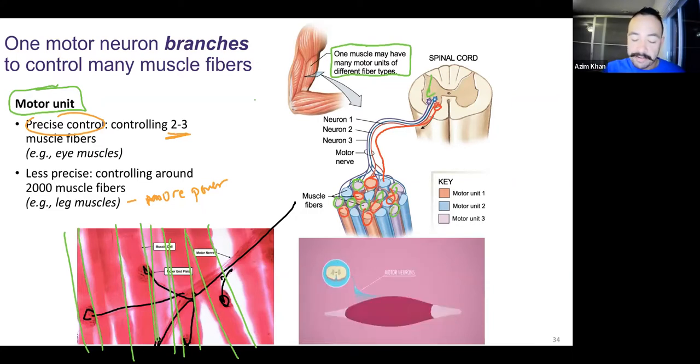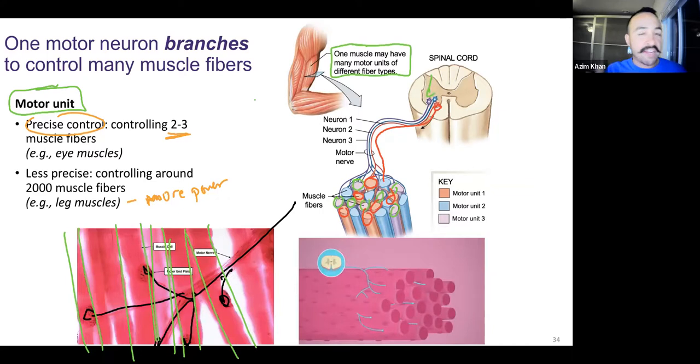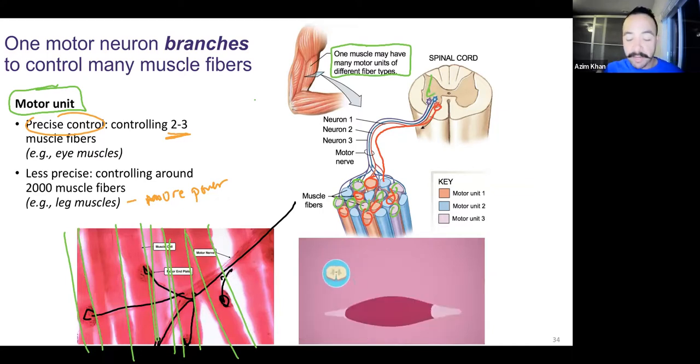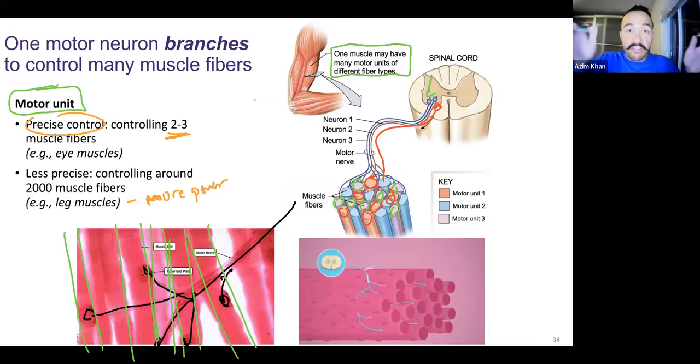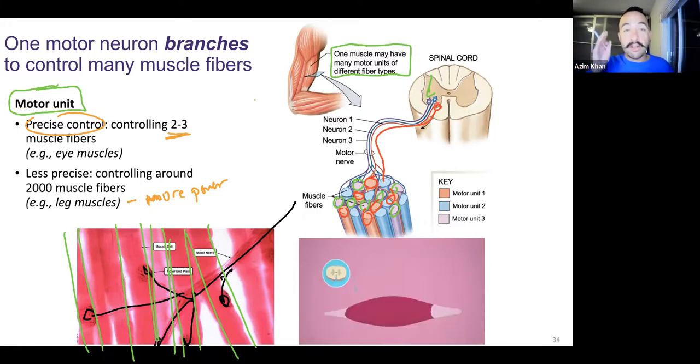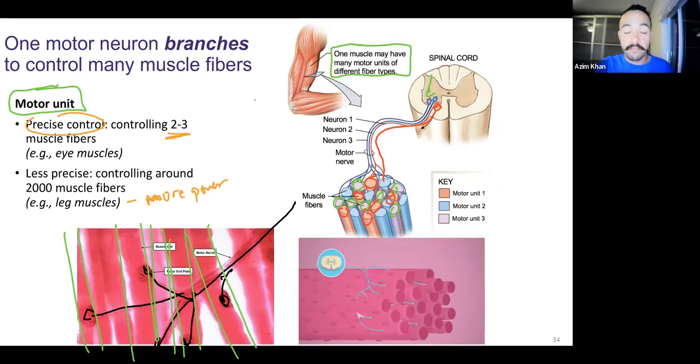So we can activate different ones at different times. Once again, something you'll discuss more in physiology, but the advantage here is that you're doing less work. This is divergence. A path is diverging. You have one neuron to control, that neuron then controls many muscle fibers. A lot less work involved.